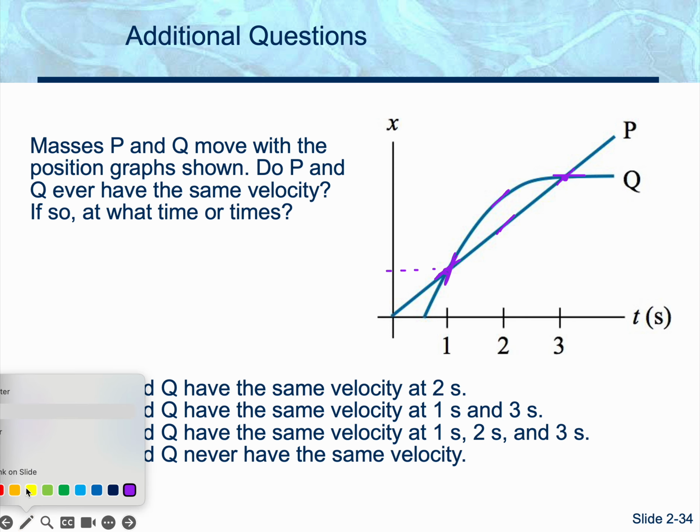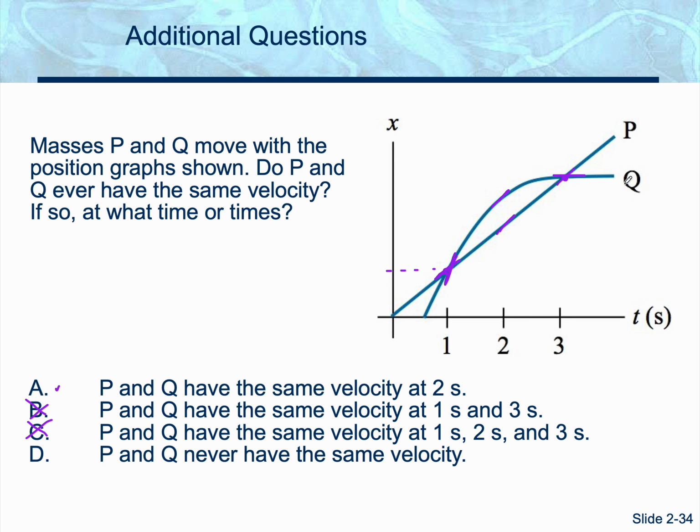If you look at Q, and I'm going to switch to red here, for object Q, its velocity here is greater than object P, and over here, its velocity is somewhat less than P. By logic, somewhere between 1 and 3 seconds, it must have the same velocity. So D cannot be right, leaving us with, by elimination, A as the correct answer. All the other three have to be false.